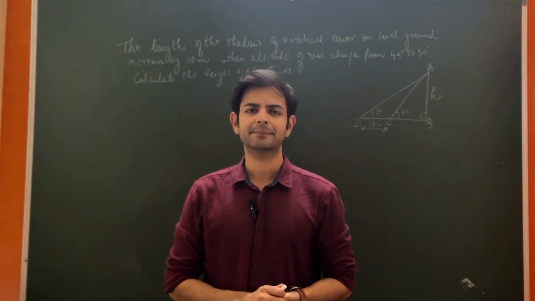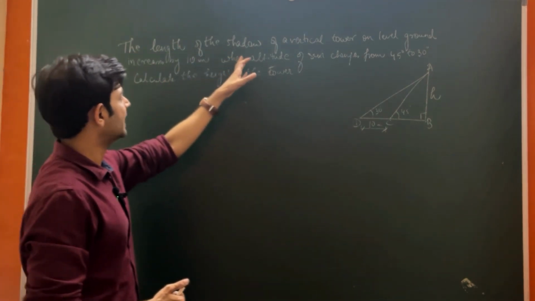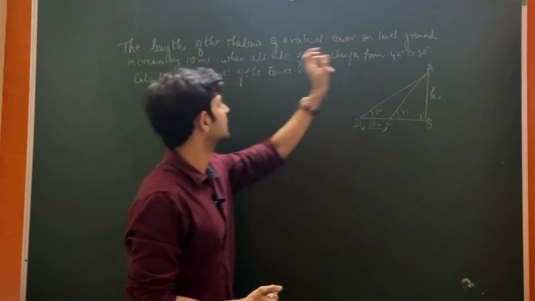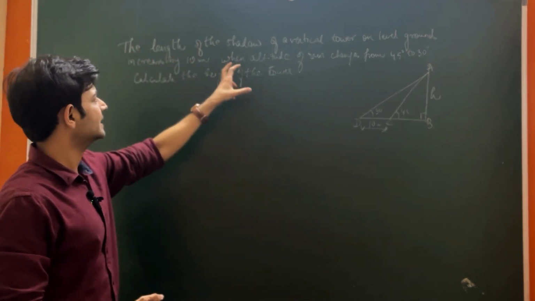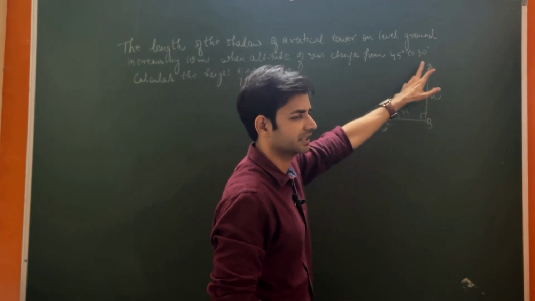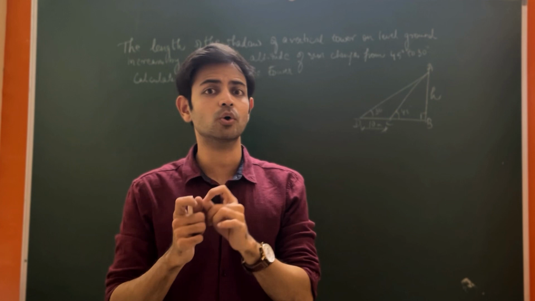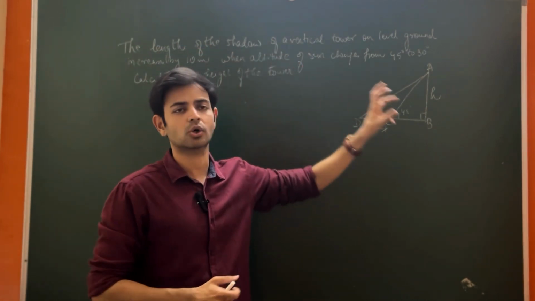Now let us take an example to understand this concept better. The length of the shadow of a vertical tower on level ground increases by 10 meters when the altitude of the sun changes from 45 degrees to 30 degrees. Now remember, in the exam you will not be given the diagram. You are supposed to comprehend the question and draw it on your own.